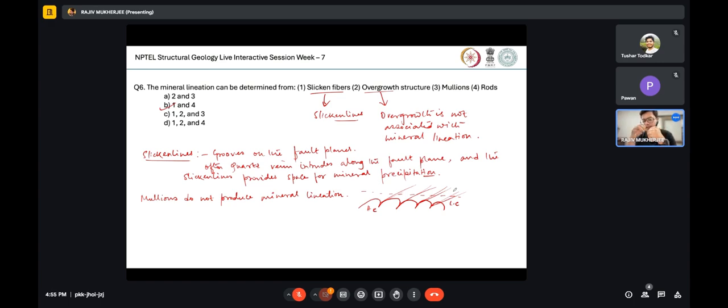So these are high competent material that they are being folded. So these are not associated with mineral lineation, because they are not helping in depositing any kind of mineral deposits through any kind of intrusion or any secondary growth. So this is just an intersection lineation. It's a kind of intersection lineation.